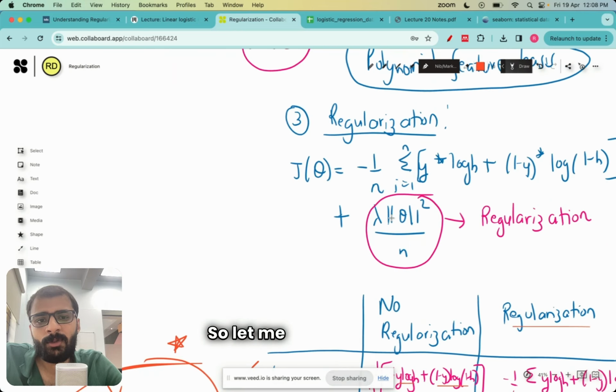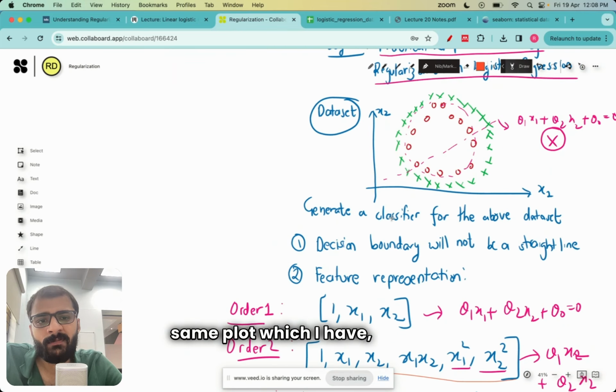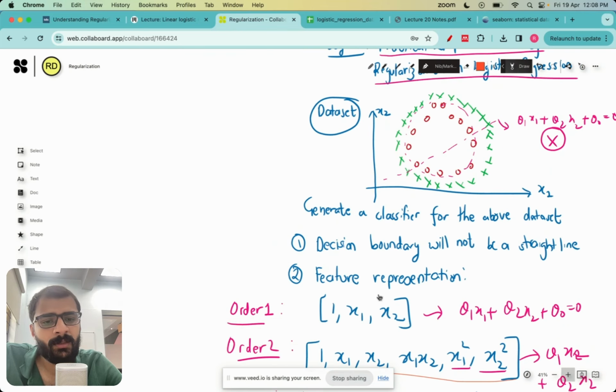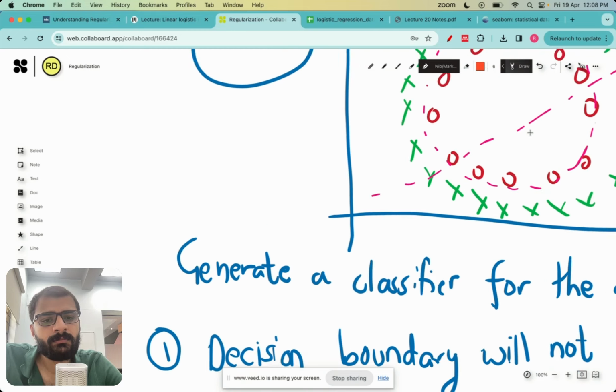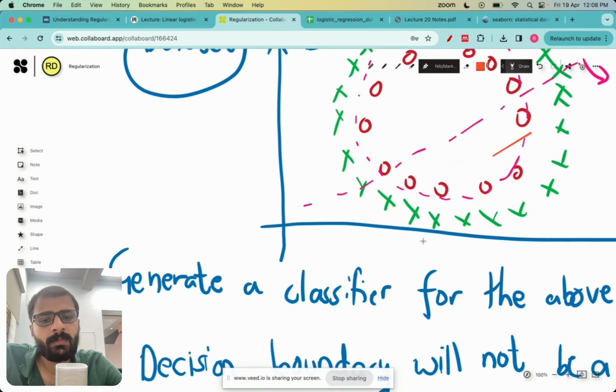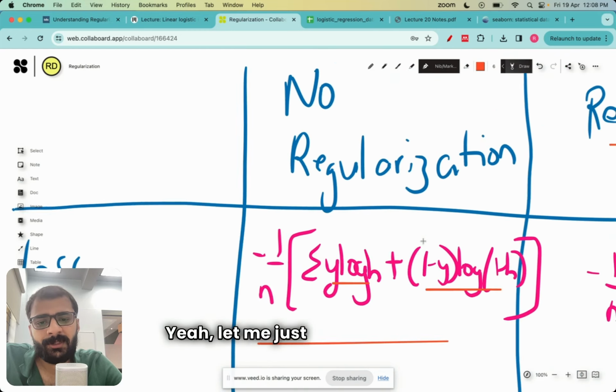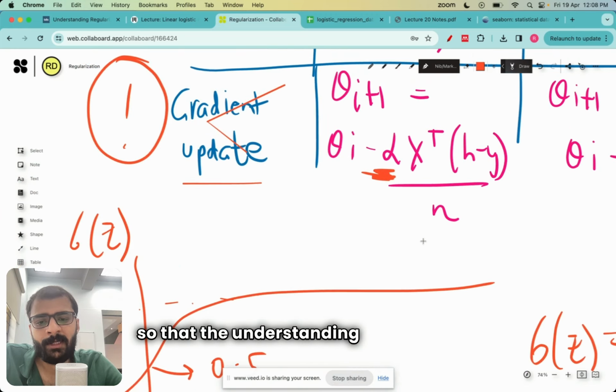So let me go to this same plot which I have. Or let me just make a new plot so that the understanding will be easier.